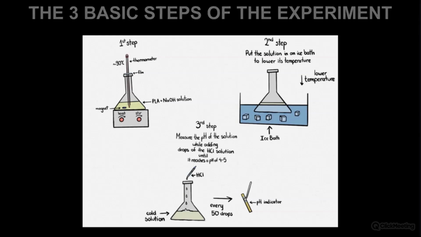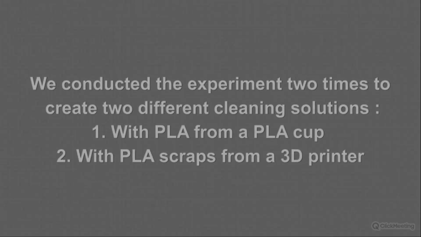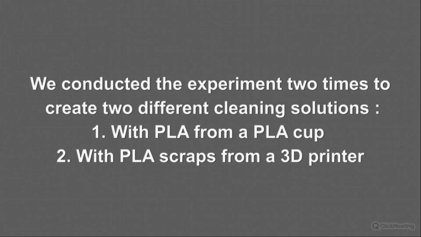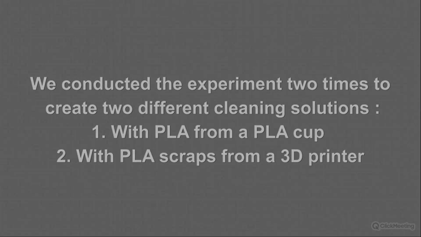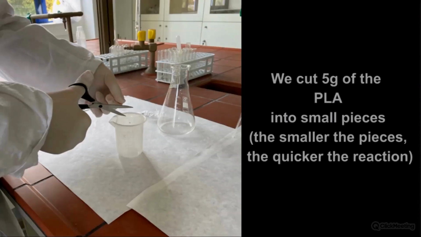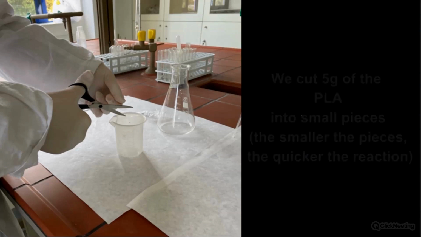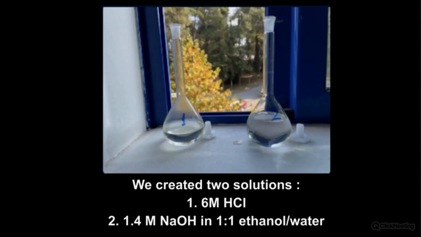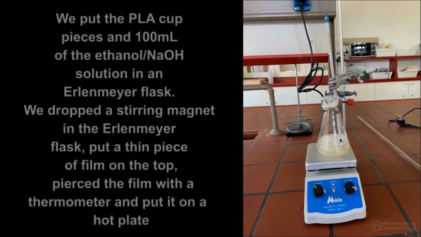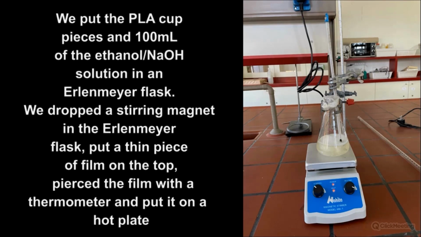So three basic steps of the experiment. And we did this experiment. We tested it, we did it for the cups, and we did it for the materials from the 3D printer. And then we also compared if we had a similar result with these two.